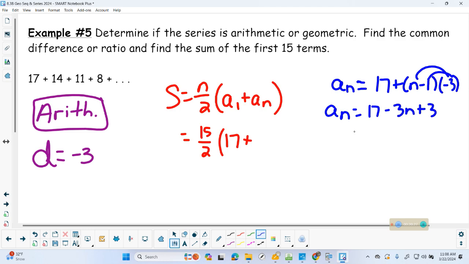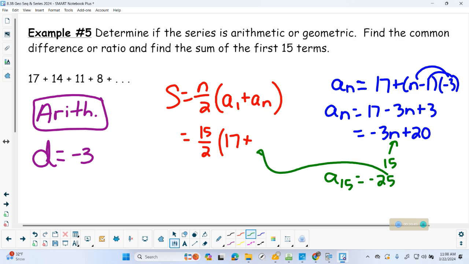And I'm going to combine 17 and 3. So then all I'm going to do is get my 15th term. Let's figure out what's negative 3 times 15 plus 20. Got it. So now I can take this and just put it in my formula and punch that in.